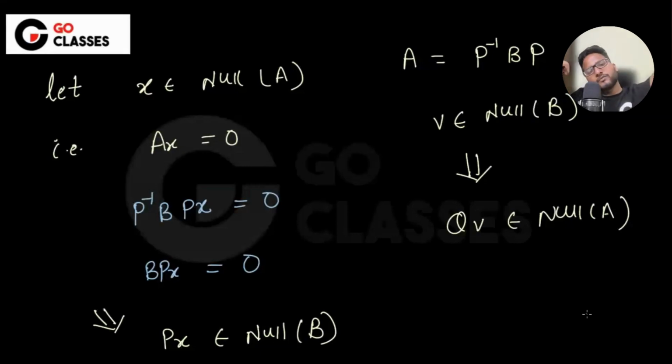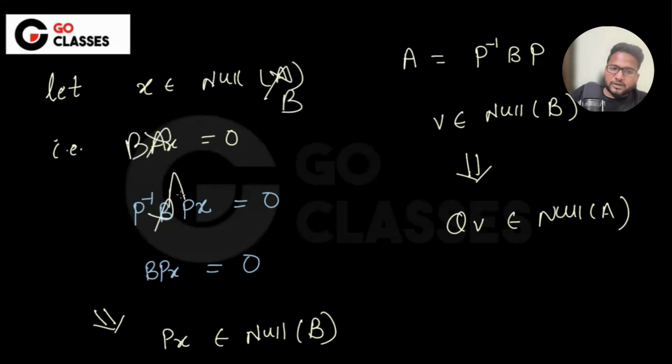See, if there is a vector x in the null space of A, then Px is in the null space of B. Similarly, I just need to flip: instead of A, I write B, and instead of B, I write A. So I can just flip A and B, due to symmetry, it doesn't really matter.